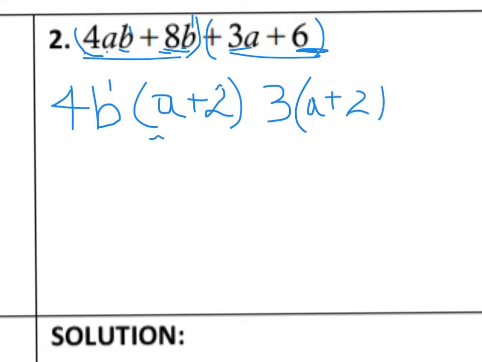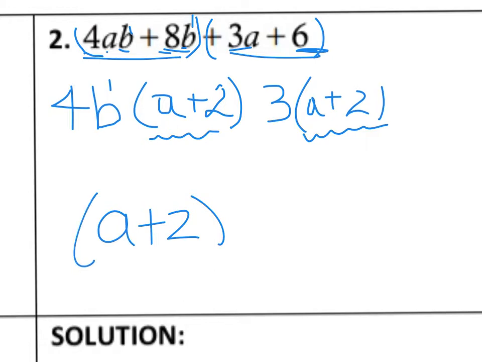All right, so notice that I've got 2 of the same terms, a plus 2. And remember that you don't use 2 of those in your answer, you just pull 1 of those out. So a plus 2 is one of my answers. And the second answer comes from combining this and this by adding them together.